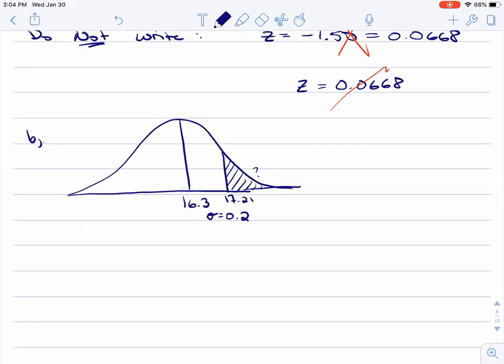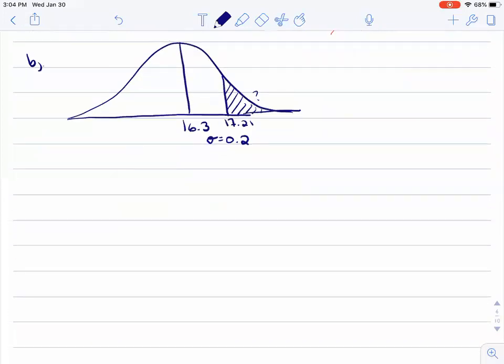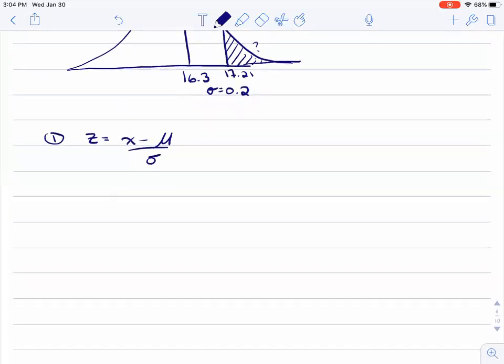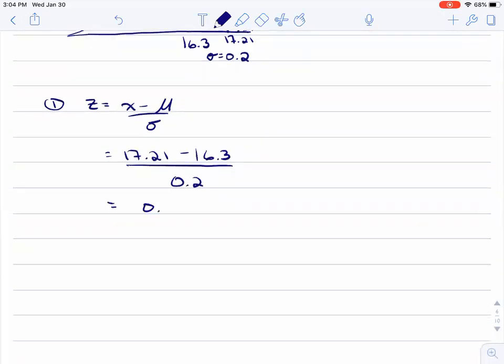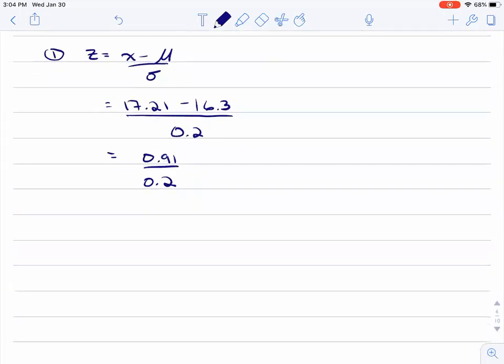Nothing to it but to do it, guys. Step 1, Z is X minus mu over sigma. Here, our X is 17.21 minus mu, which is 16.3, over 0.2. We have 0.91 divided by 0.2, which is 4.55.